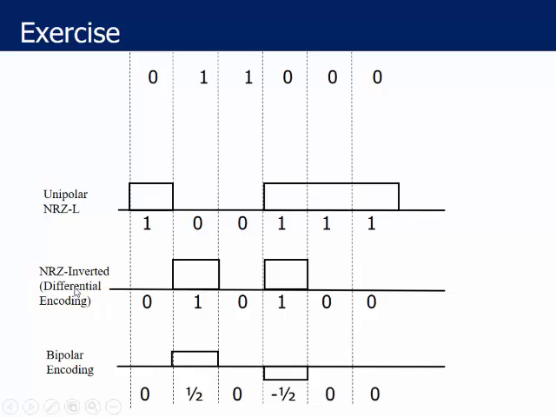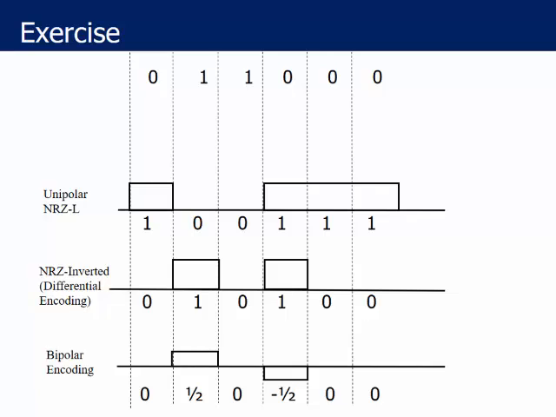If that is inverted, then the 1 means there is a transition. See, there is a transition from 0 bit to 1 bit. From 1 to 1 there's no transition, therefore we put 0, and from 1 to 0 there's a transition, therefore we put 1, and then 0 to 0, 0 to 0 there is no transition, therefore we have 0 and 0. This is the NRZ-I encoding technique.